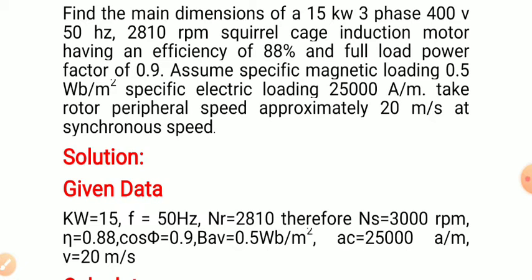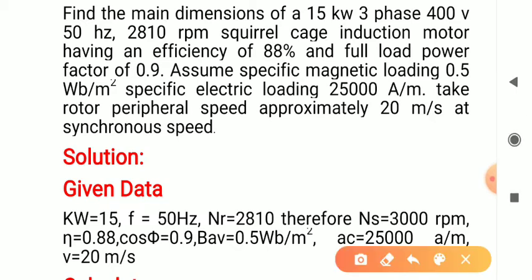Now if you read this example carefully, the kilowatt rating is 15 kilowatt, frequency is 50 hertz, and the rotor speed is given as 2810 rpm. The synchronous speed near to the rotor speed 2810 rpm is 3000 rpm, so we can consider the synchronous speed as 3000 rpm.